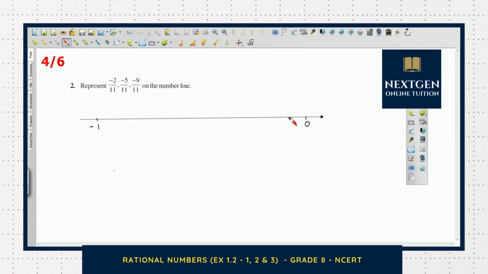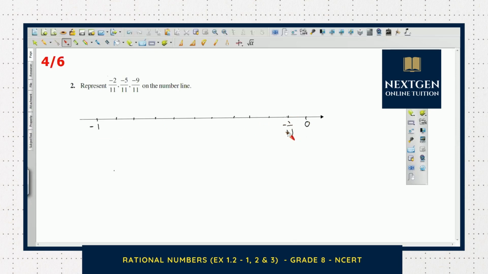Divide into 11 equal parts, so I need to mark 10 lines: 1, 2, 3, 4, 5, 6, 7, 8, 9, 10. Now I have 11 equal parts, and we start marking the subdivisions.